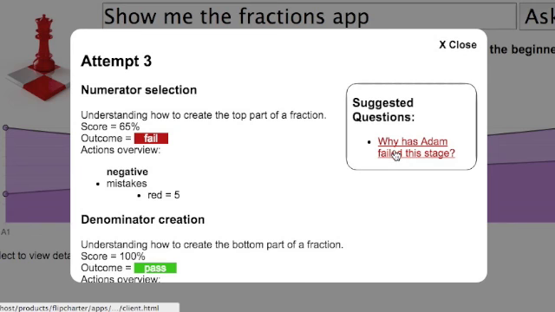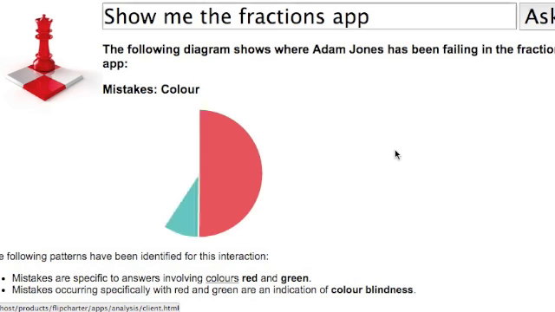So we will select this question, why has Adam failed this stage? And we can see that it comes up with some additional information about patterns that the student's performance matches against what the intelligence tool is aware of.